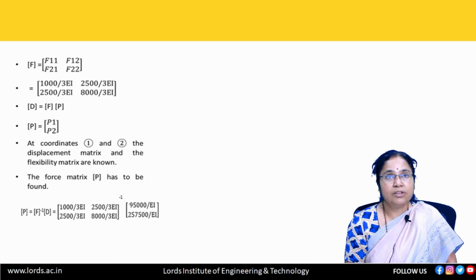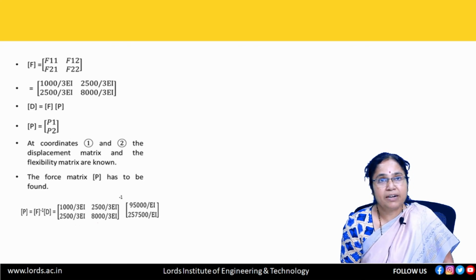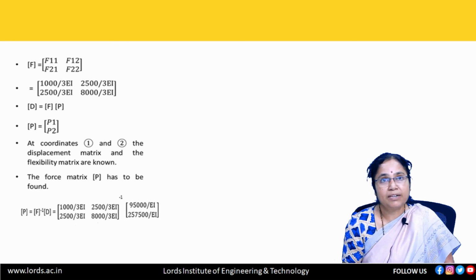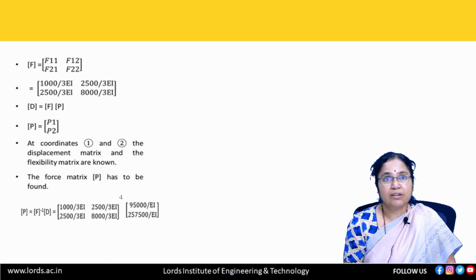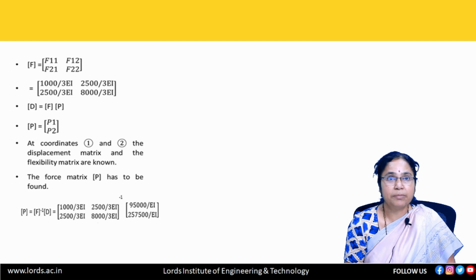Now we know the displacement matrix and also the flexibility matrix, but we need to find out the force matrix P. So the force matrix P equals F inverse of D. We take the inverse of the flexibility matrix into the displacement matrix, and we get the force matrix P.